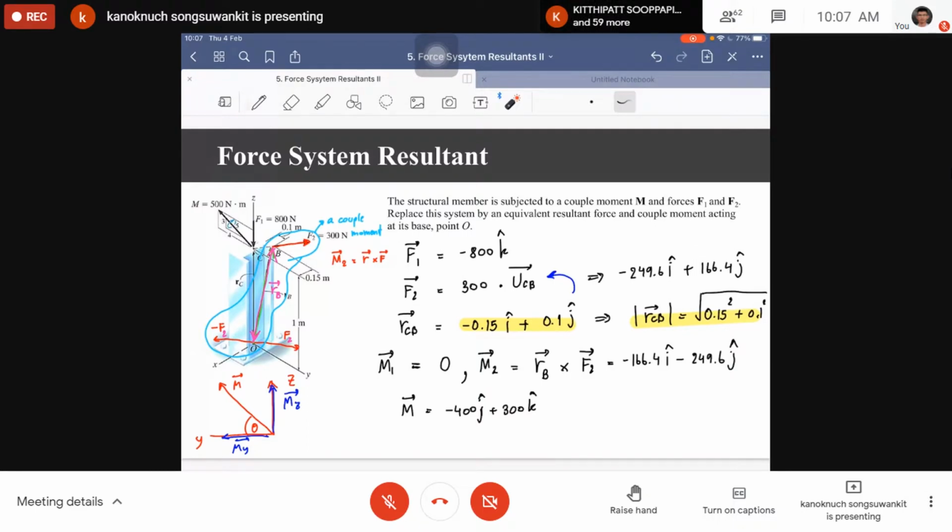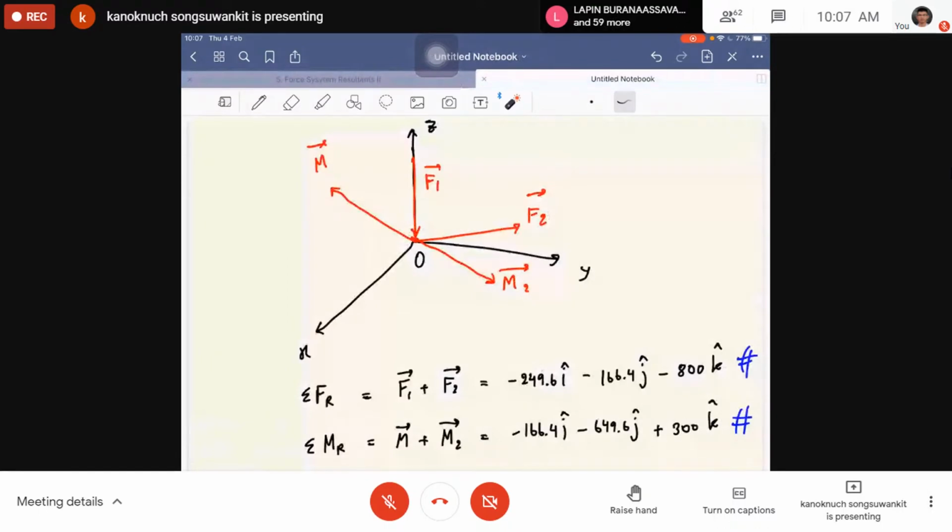So the j component of F2 is positive 166.4, right? Yeah. But on the next page here it's negative 166.4. The FR one. Yeah.